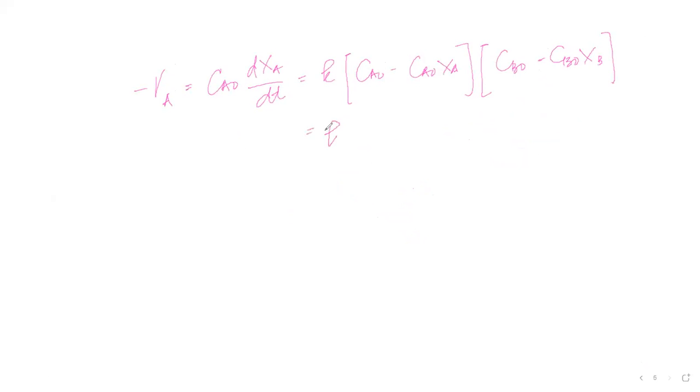So I will have a K CaO and I have 1 minus XA and I have a CbO minus CbO XB. If you recall the one that I have shown to you a while ago, it has already the M, and this CaO is already squared.